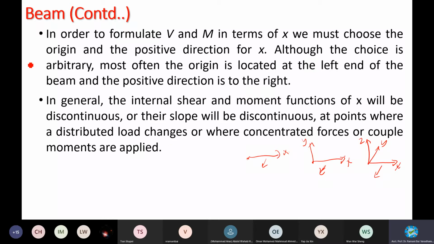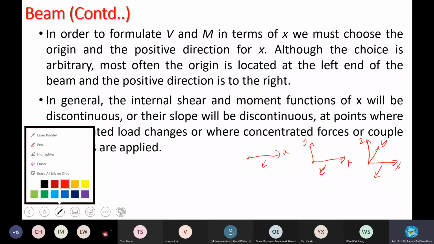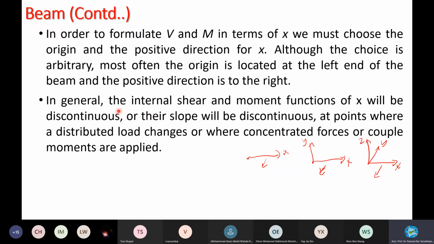Okay, where we are. In general, the internal shear and moment functions of x will be discontinuous, or the slope will be discontinuous, at points where a distributed load changes or where concentrated forces or couple moments are applied.